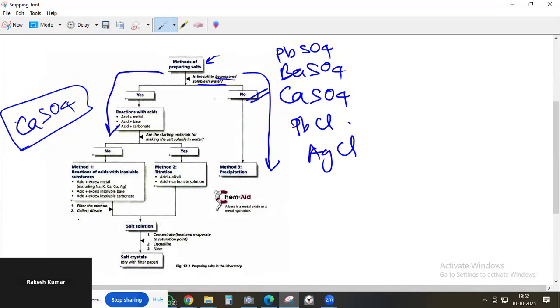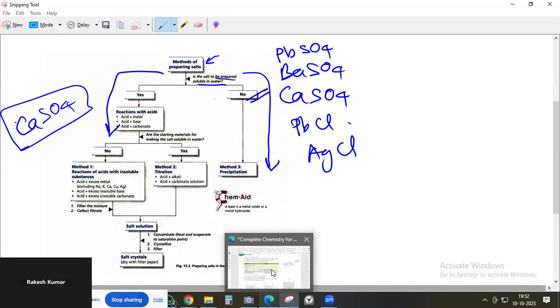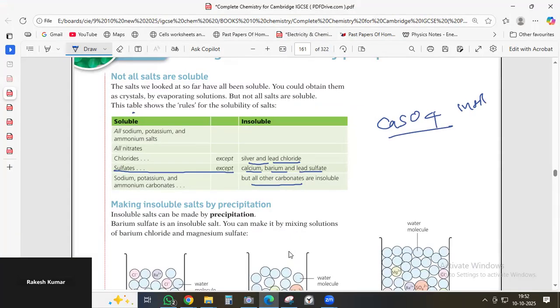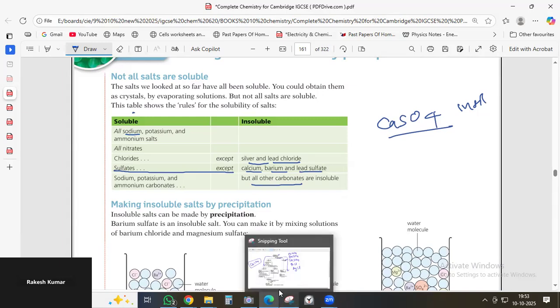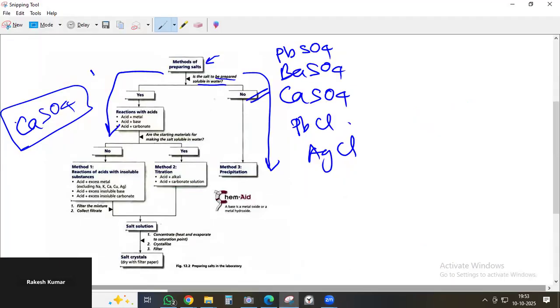Now let us take some soluble salts, like sodium chloride, or ammonium nitrate, whatever. If it is soluble, then we go this journey.